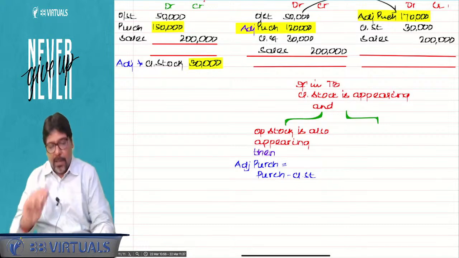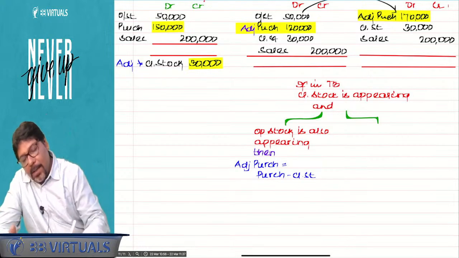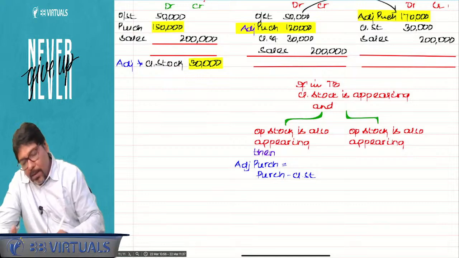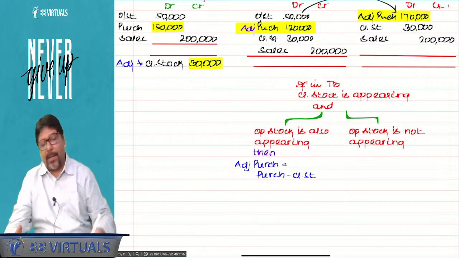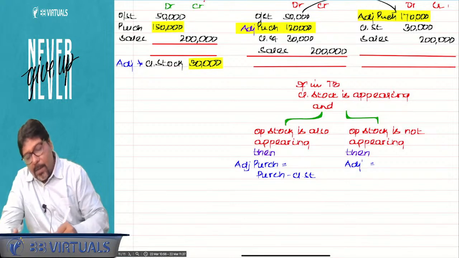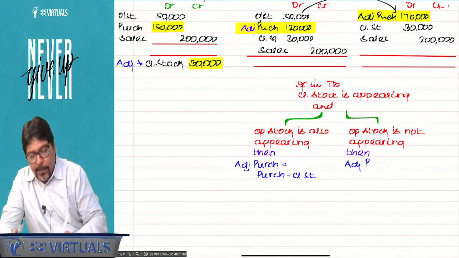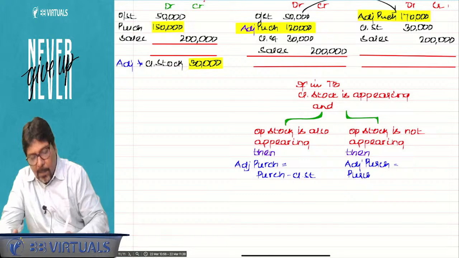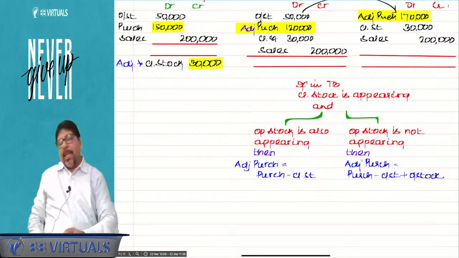Yes, sir. But if opening stock is not appearing, like in the third case, then adjusted purchase is equal to purchase minus closing stock plus opening stock. Am I clear?